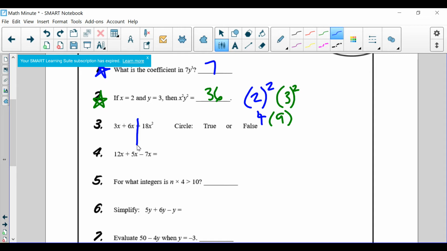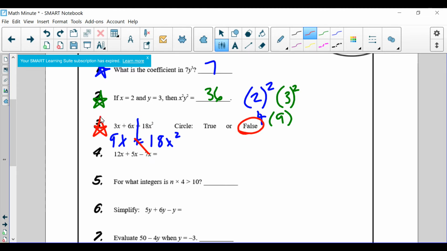It's like saying 3 xylophones plus 6 xylophones is equal to 9 xylophones. Is that equal to 18x squared? No, it's not. So we draw a line through. It is not equal, so we write false.